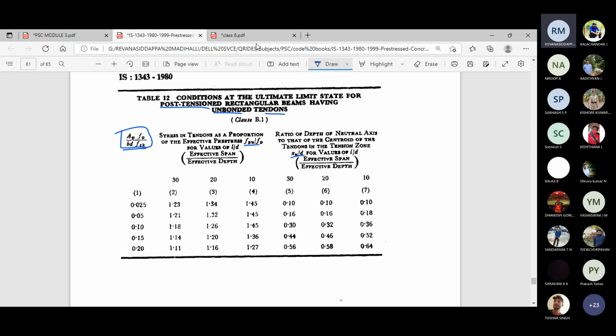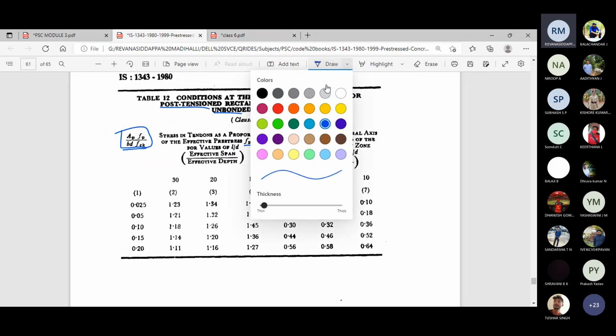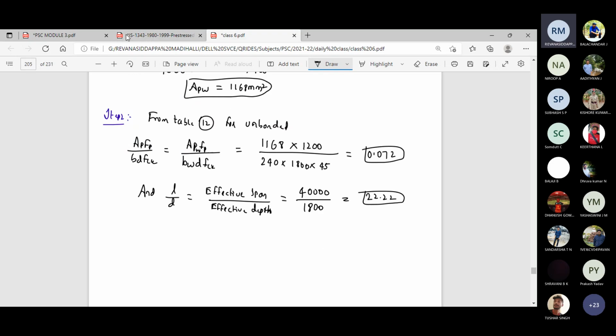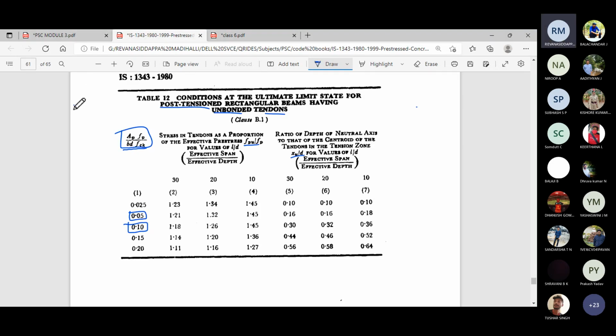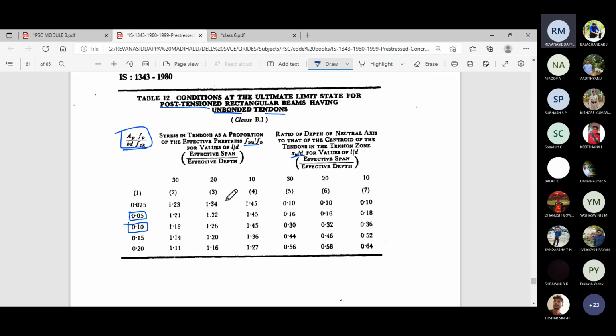Now just refer to this ratio, 0.072. 0.072 means it will fall in between 0.05 and 0.10. APW into FP by BW D FCK value is 0.072, which falls between 0.05 and 0.10. And the L by D ratio is 22.22, which means it will fall in between 20 and 30.